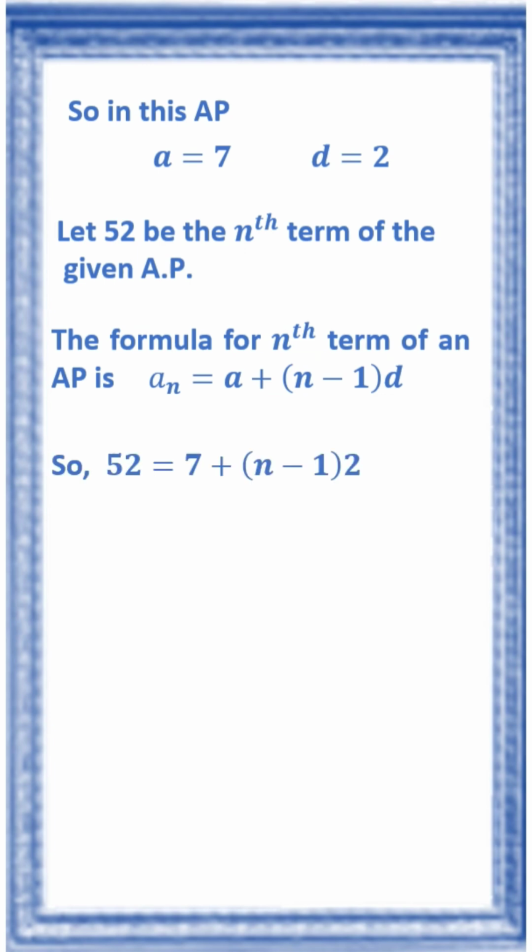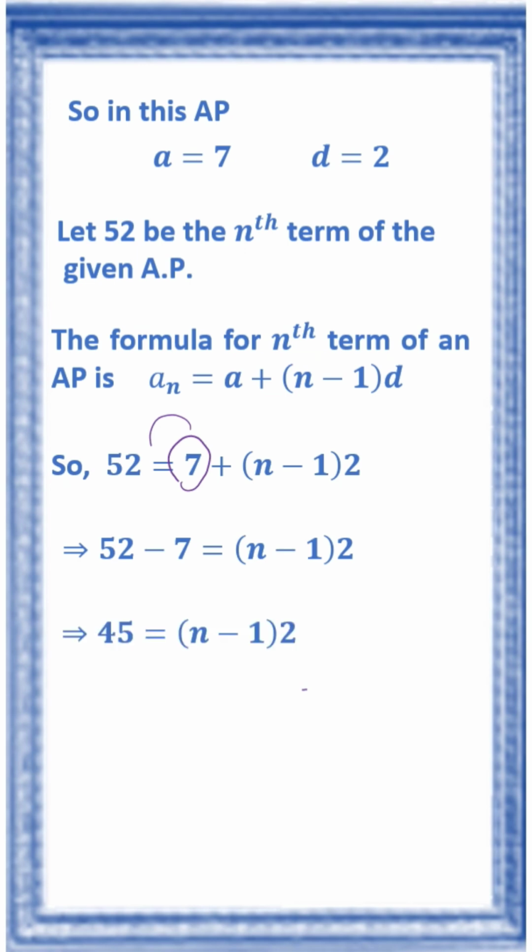Now 52 is equal to 7 plus n minus 1 into 2. Now let us transpose 7 to this side. 52 minus 7 is equal to n minus 1 into 2. So 45 is equal to n minus 1 into 2. So n minus 1 is equal to 45 by 2.